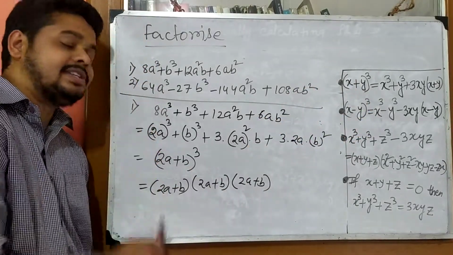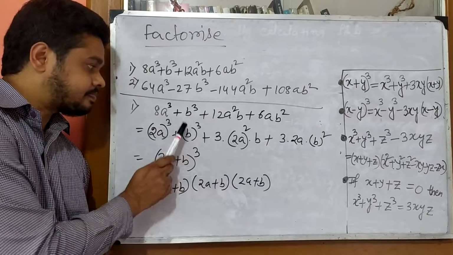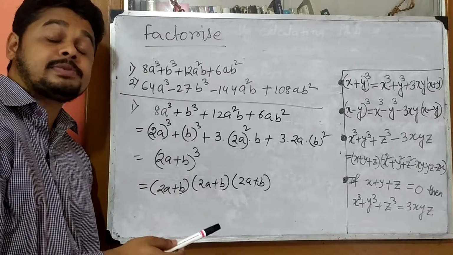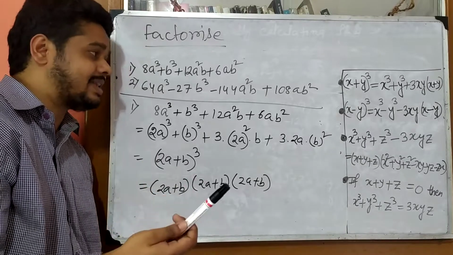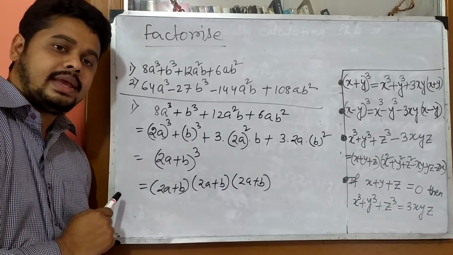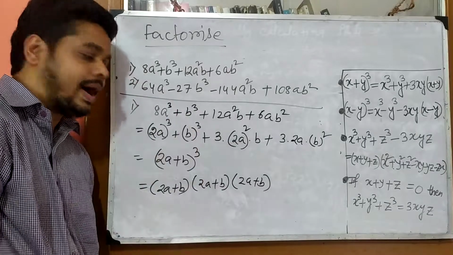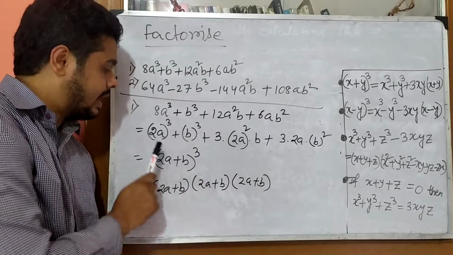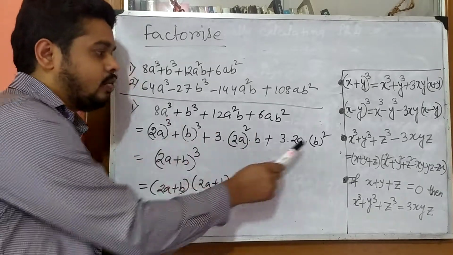See clearly, 8a cube means we can write (2a) whole cube, and b cube means we can write b whole cube. Now the next part will be 3a square b, or 3x square y as you say, that is our x, square into y, plus 3 into x, that is our x, and y square, that is our y square.